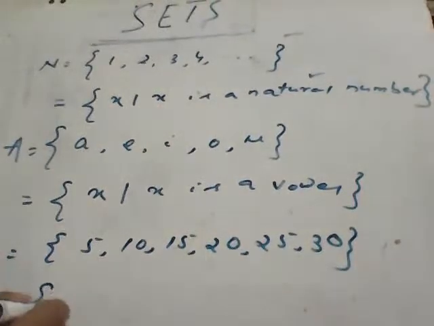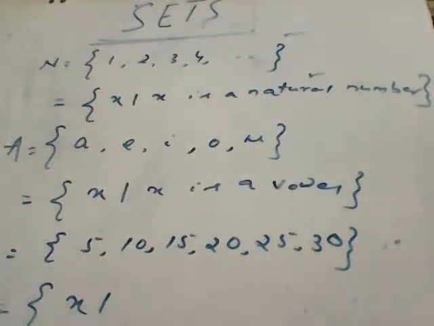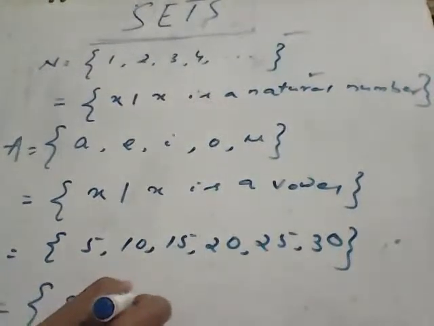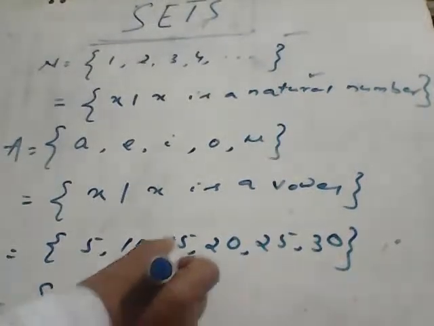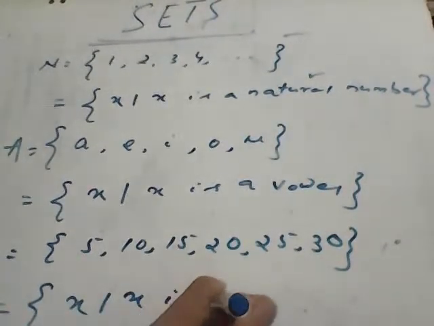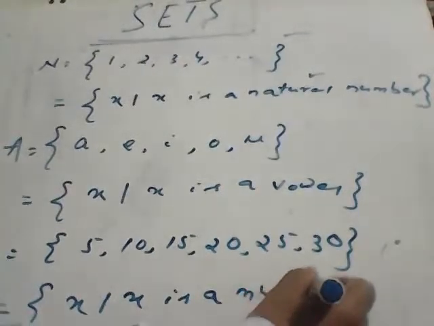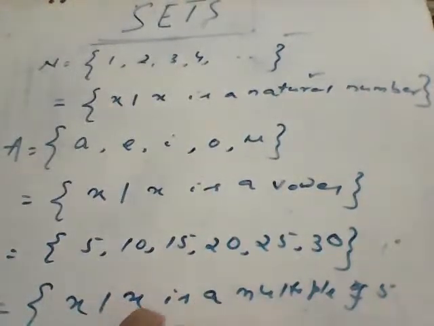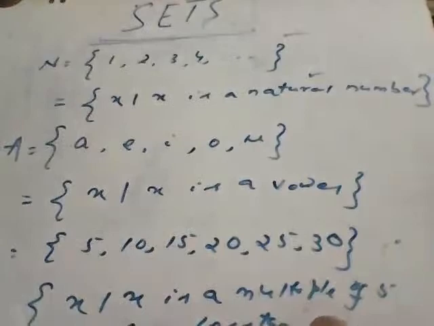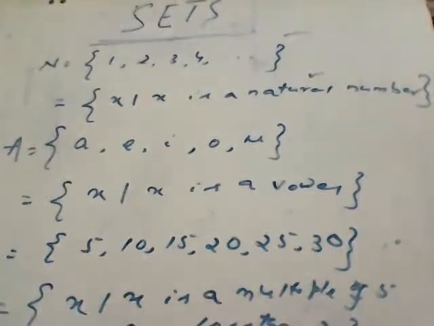First x such that x is a multiple of 5 and you can write less than 31. Multiples of 5 and less than 31.